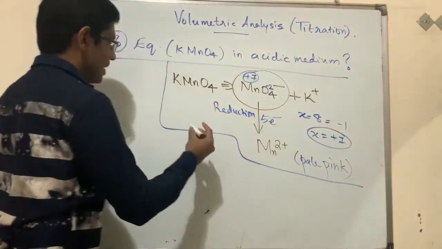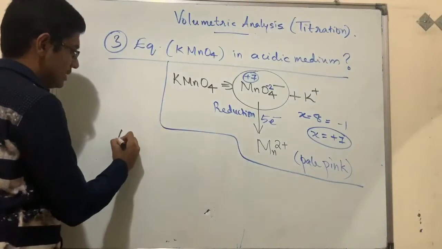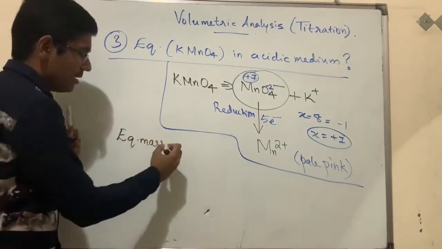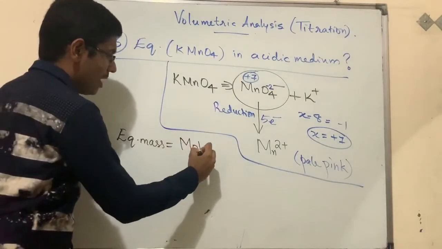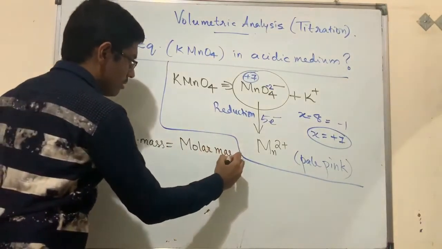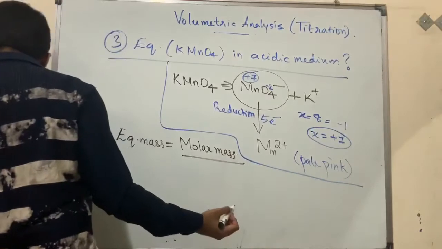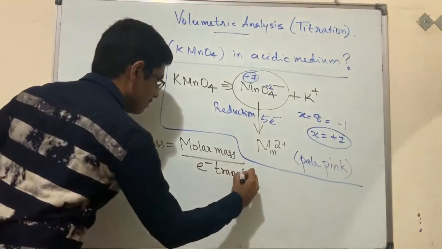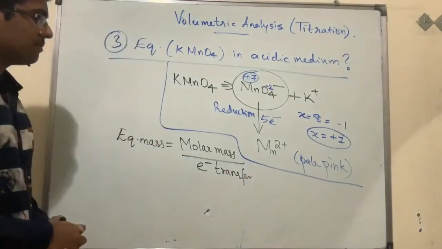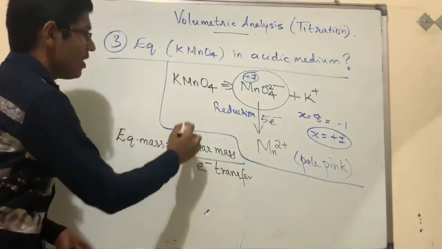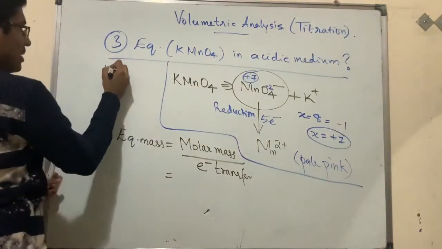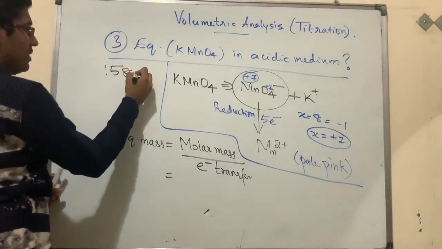The formula for equivalent mass is molecular mass or molar mass divided by electrons transferred. So what is the molar mass? The molar mass of potassium permanganate, you have to remember, is 158 grams per mole.